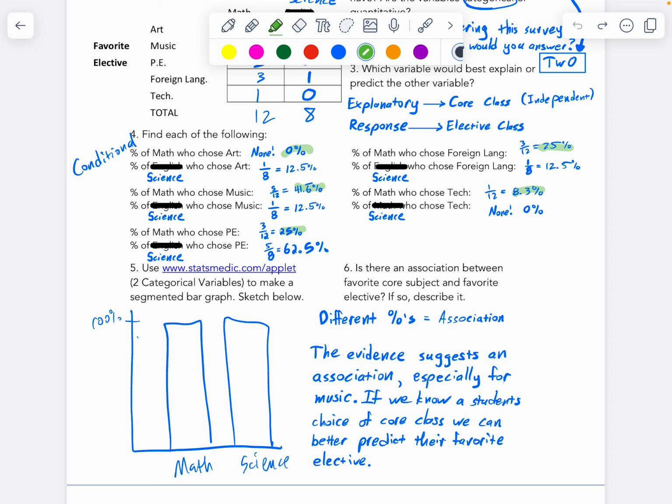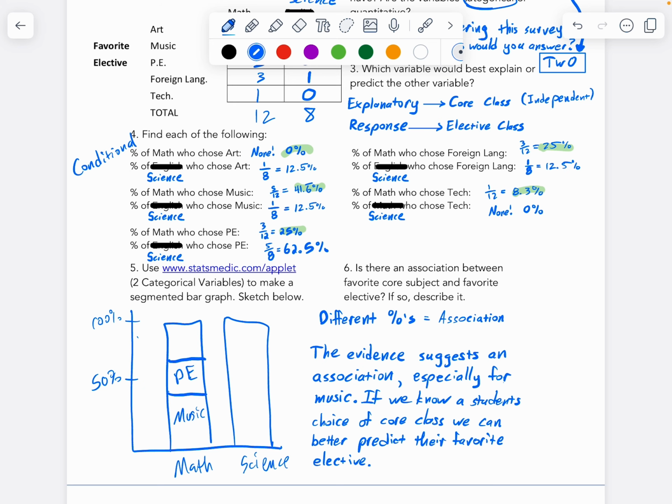Okay, so nothing to do there. But then 41.6% chose music. So I try to draw a bar here and say music, right? At about 41%. And then on top of that, I try to go 25% more. And you can already tell my estimations are becoming kind of flimsy, and that would be PE.